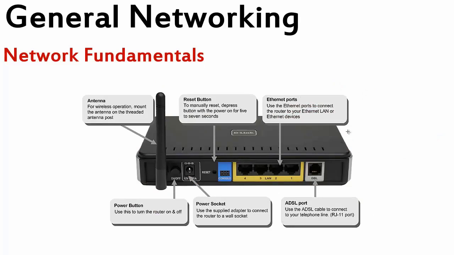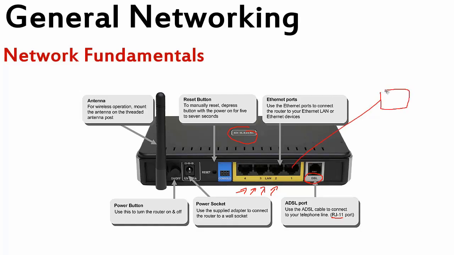That is an ADSL router. As you can see, in most cases it will be labeled as a DSL port. You need an RJ11 cable. And here, that is D-Link. Yes, well done, D-Link. Yellow ports, that's LAN, local area network. It means you can connect your PC, your printer, and so on.